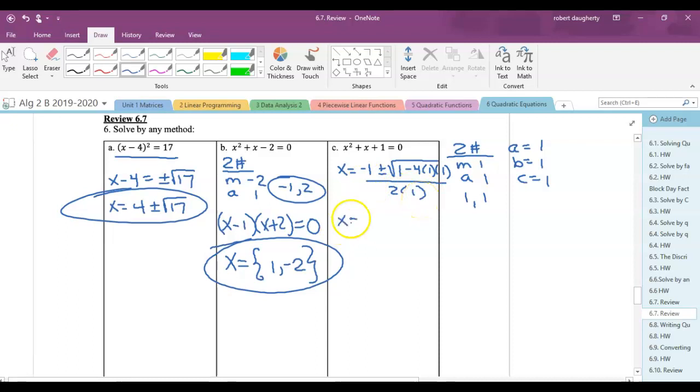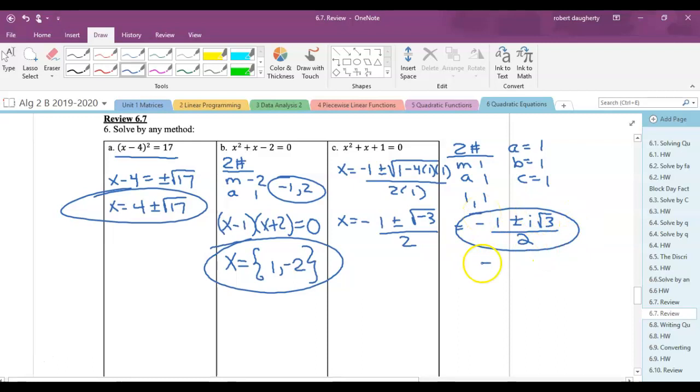So x equals negative 1 plus or minus, that's a 1 minus 4, which is a negative 3, all of that over 2. So this is x equals negative 1 plus or minus i square root of 3 over 2. So those are your two solutions. You could write it as negative 1/2 plus or minus square root of 3 over 2 i. Either of those would be good solutions for this particular one.